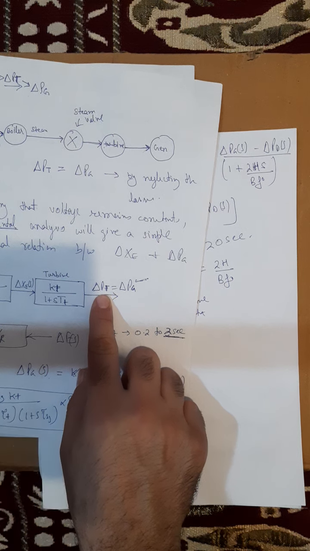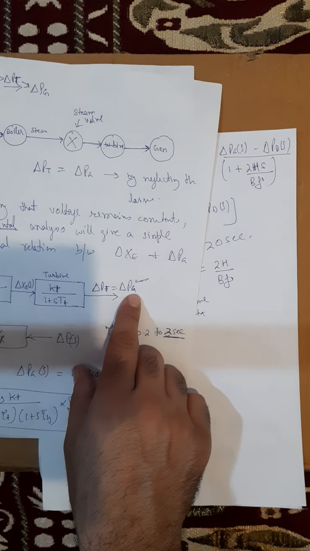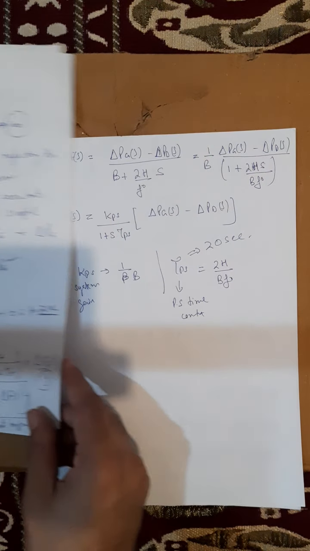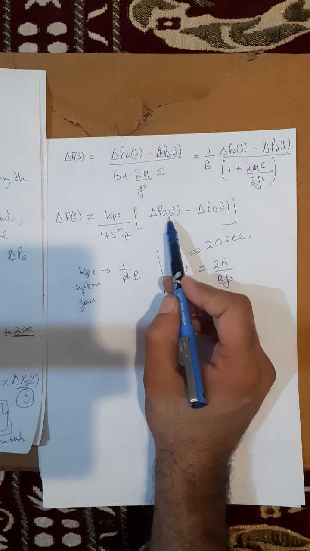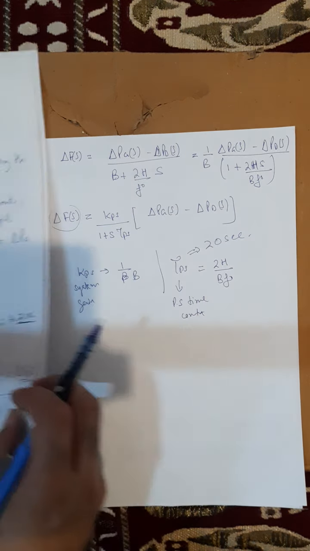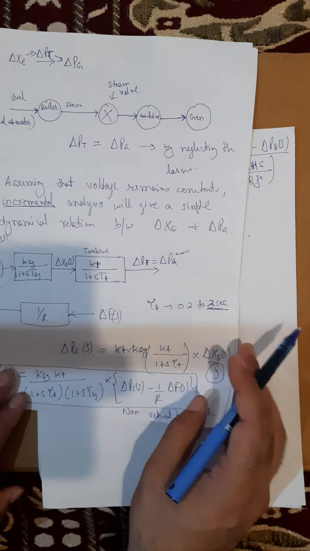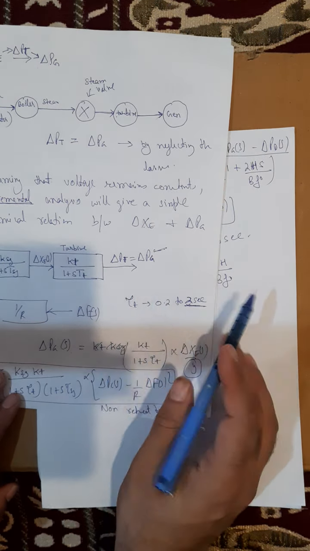Now I am assuming that there are no losses, so the change in turbine power is equal to the change in generator output delta PG. Taking delta PG into consideration, I get the output delta F(s), and you can see delta F(s) is here as the feedback, the change in frequency. I will complete the whole diagram and show you.